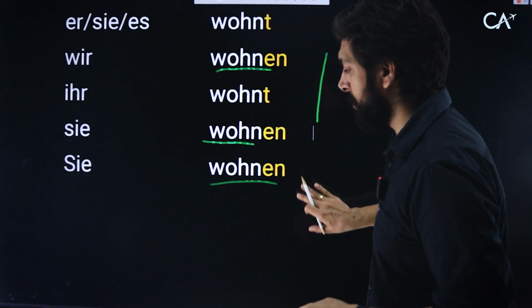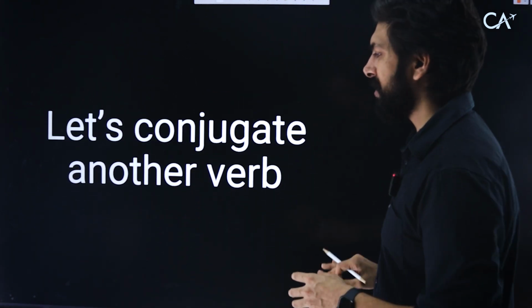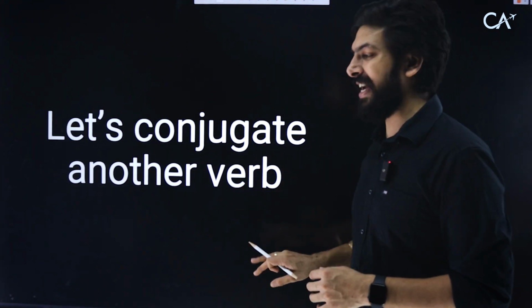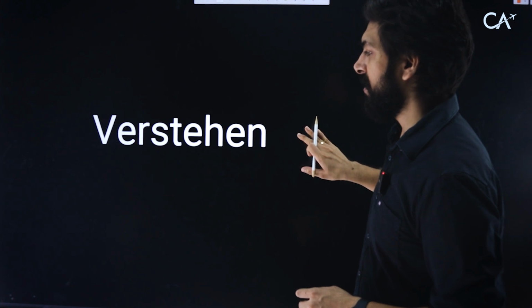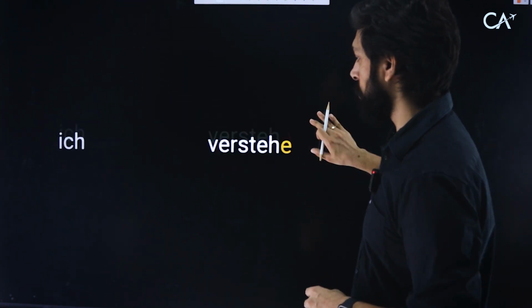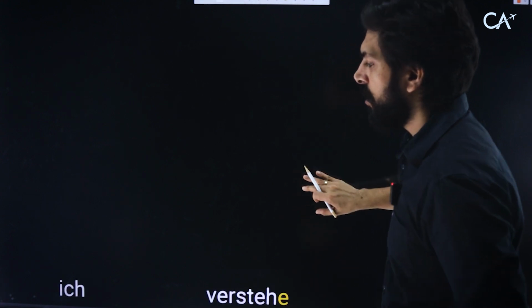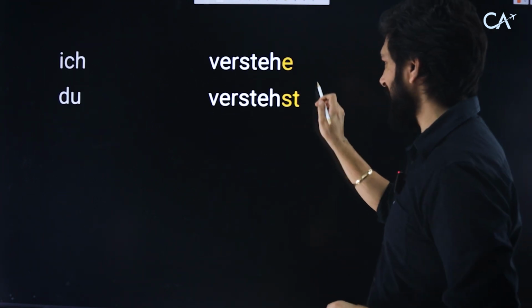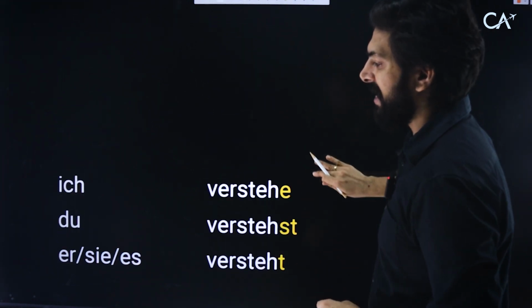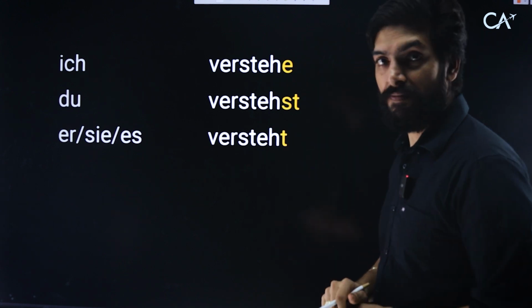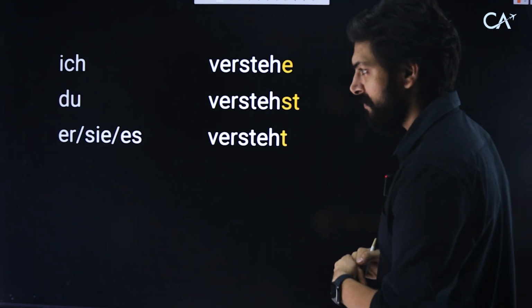Like I said, let's try one more word, and we'll conjugate another verb called verstehen. Let's have a look at verstehen, and we'll do it together. So ich verstehe, remember, e we change, du verstehst, st we change, sie, es versteht. Next one is, what was the next one?